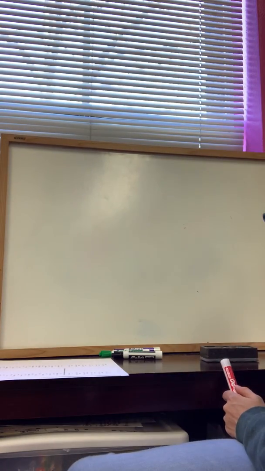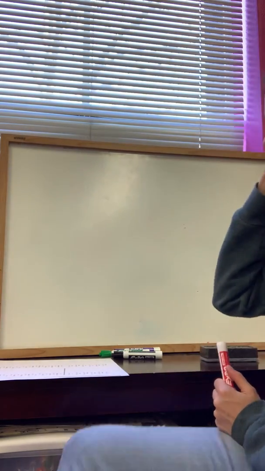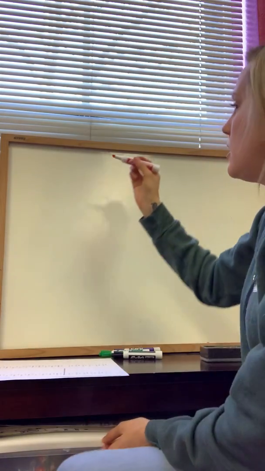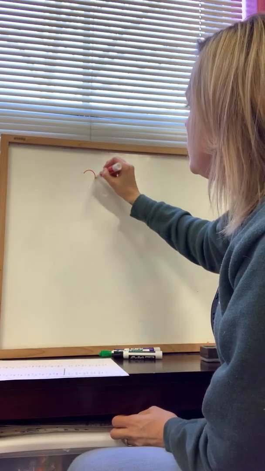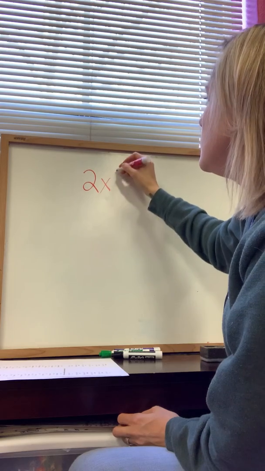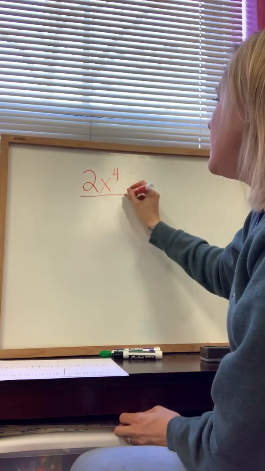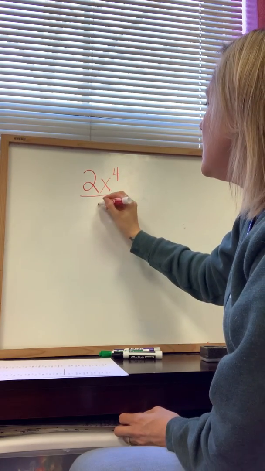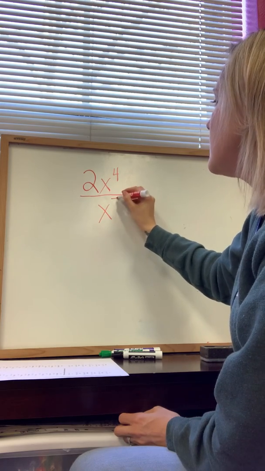Let's try a couple more, and I'm not going to write it the first way with the division. I'm going to write it more like a fraction. So let's say we have 2x to the 4th divided by x to the 7th.